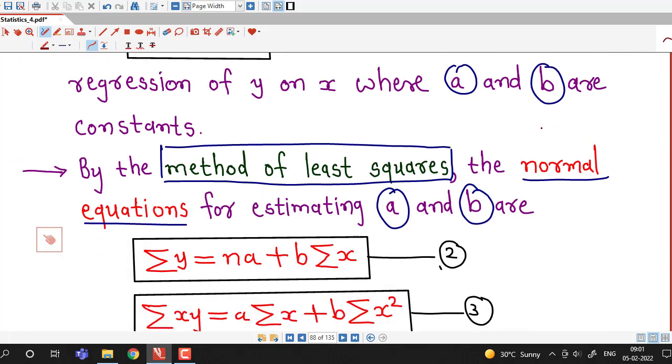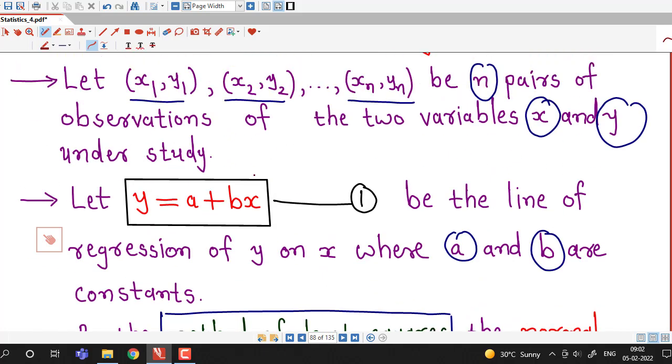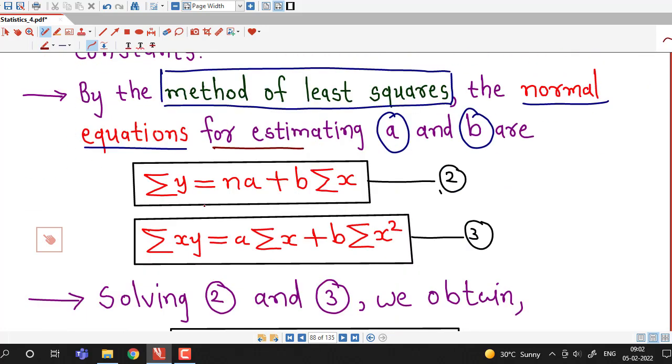We will just remember that the normal equations for estimating a and b are sigma y equal to n into a plus b sigma x, and sigma xy equal to a times sigma x plus b sigma x square, and I have explained how to write these normal equations from this line of y on x.